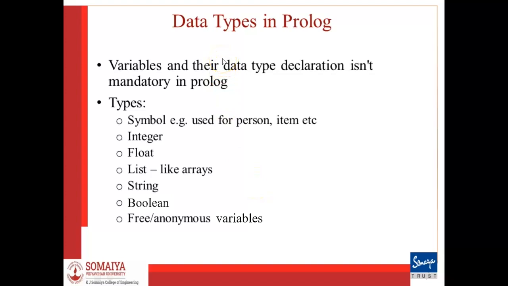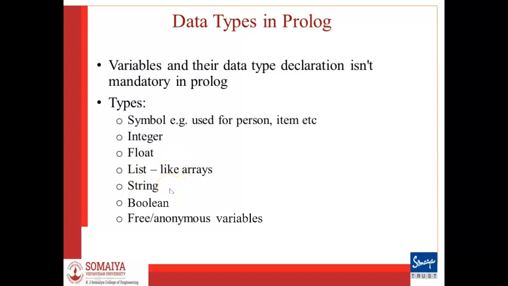Now coming to the data types in Prolog. In Prolog, we can use symbol as one of the data types. It can be used for person, items, etc. It is a general data type. When we work with numbers, integer and float are the data types that we can use. List is a data type which is like arrays that we have used in C, C++ and other languages.